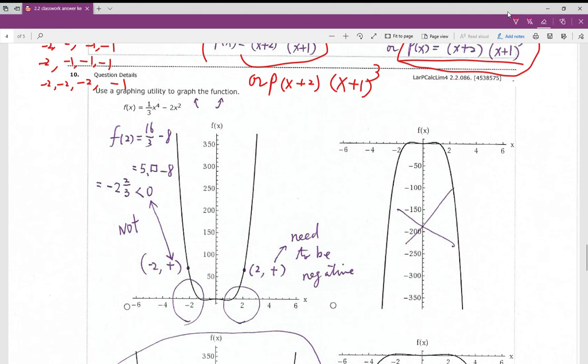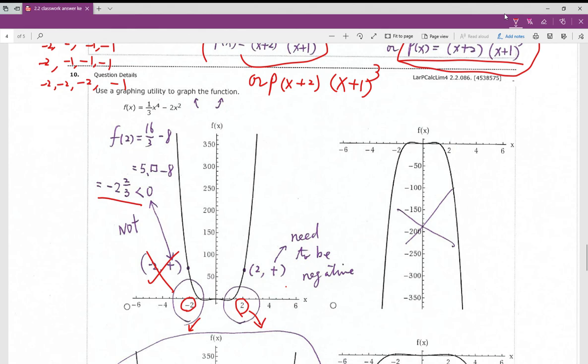If you plug in negative 2 and positive 2 for the x value, you can see that when x is positive 2, the graph needs to go down. This graph is not right. When x is positive 2, you plug in, so positive 2 is here. Need to go down, right?